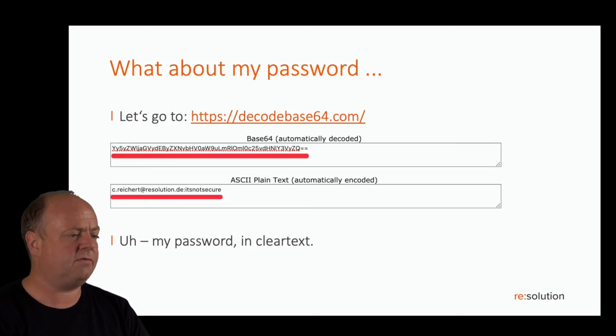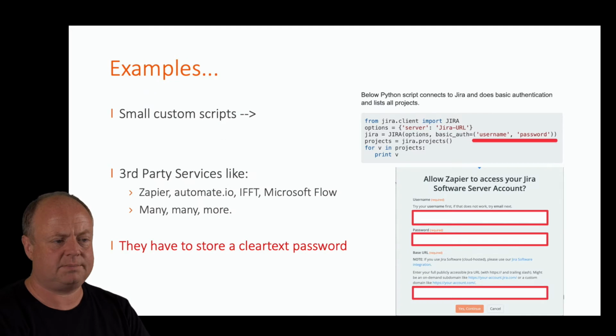For example, if I use small custom scripts, here on the right I've got an example of a Python script. Again, I have to enter my username and password. Or if I use third-party services like Zapier, Automate.io, IFTTT, Microsoft Flow, or many more of them, they generally ask me for the username and password and the base URL of my Jira server in order to access that.